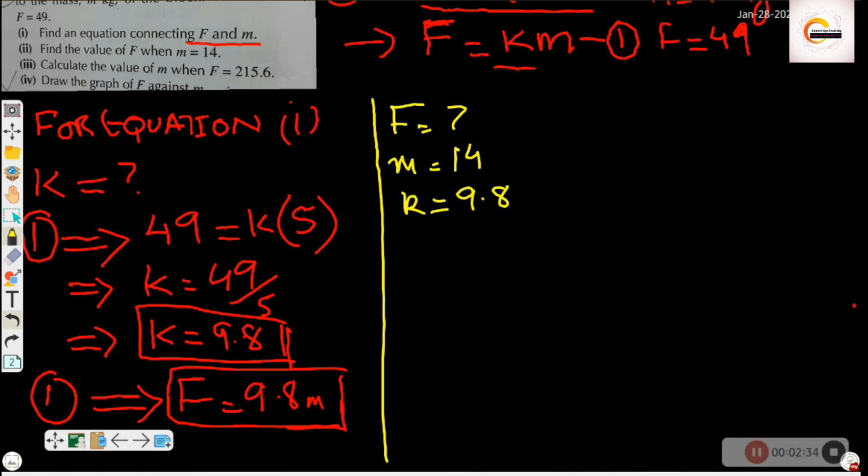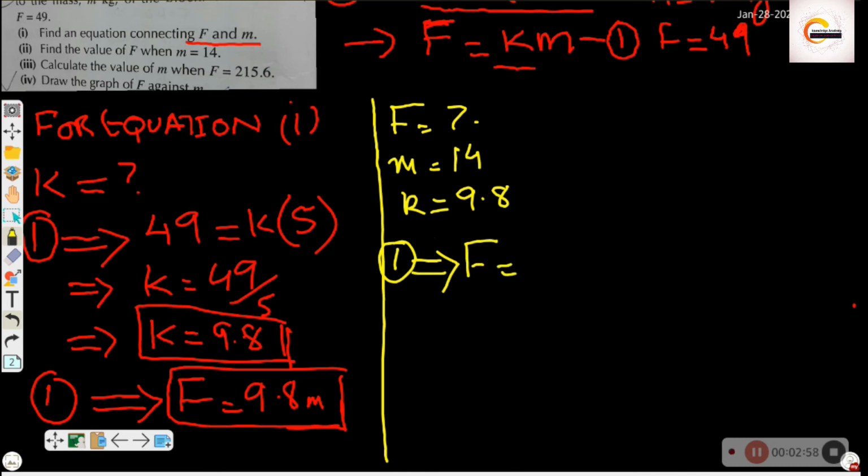The second part: find the value of F when m is equal to 14. So F is the unknown value, m is 14 kg, and k we already have, 9.8. We can put this into equation 1 and we'll get the value of F. Very simple.